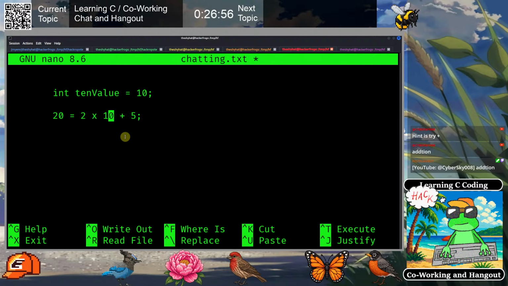So we could do maybe something like this. Addition, okay, addition. So 2, and then something with 10, and then something with 15. Can we do something?